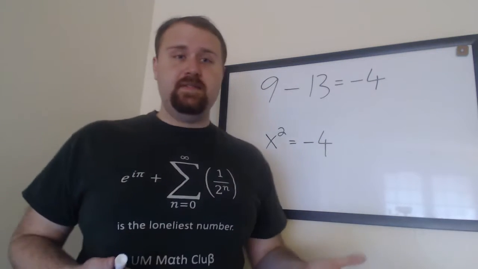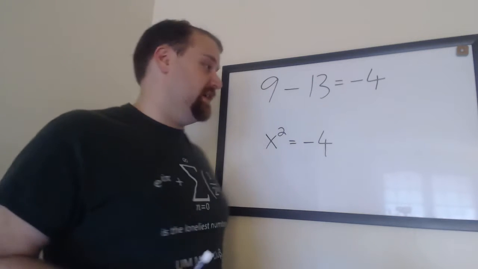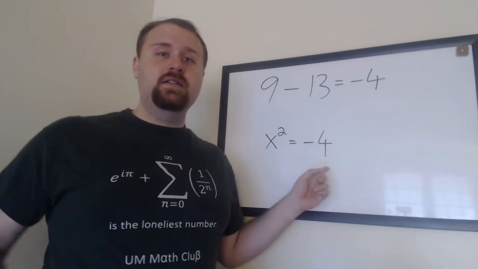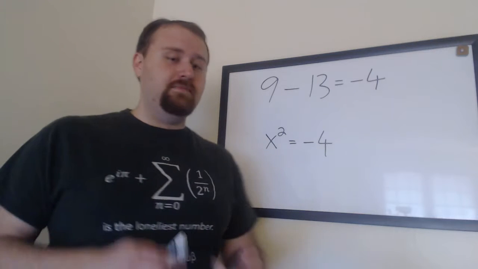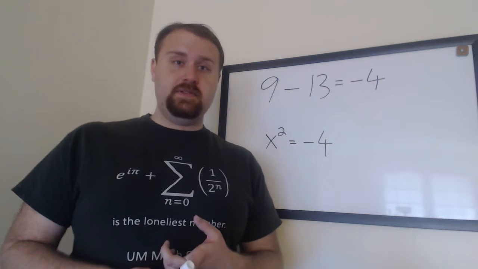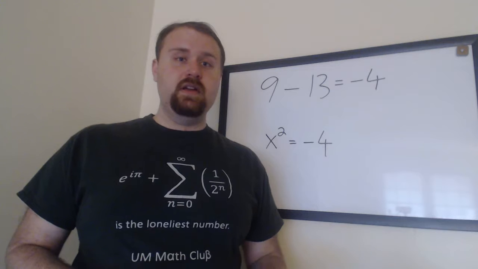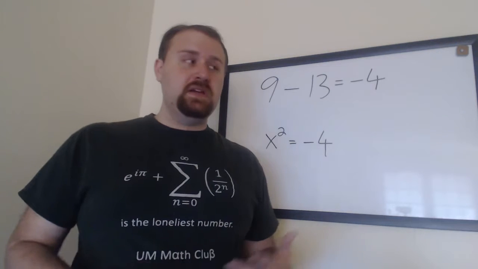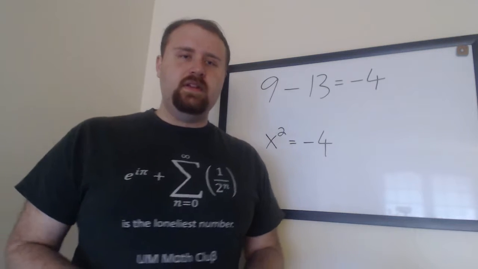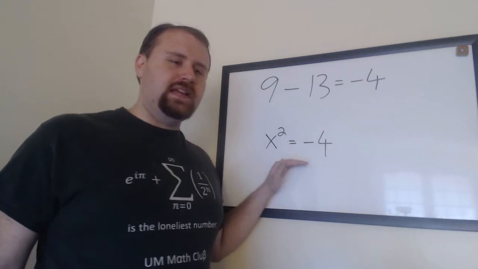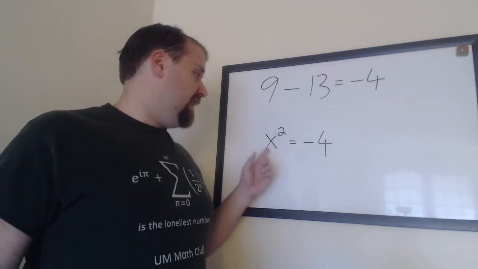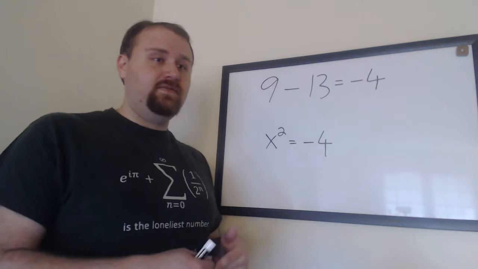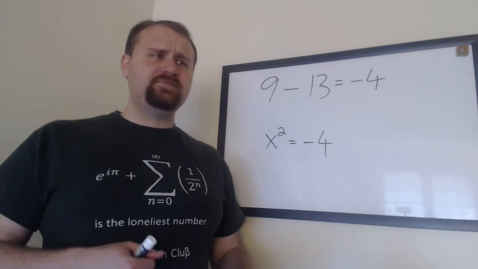So there's that. Another example is something like this problem here. We also know from algebra that if I multiply 2 positive numbers, I get a positive number. And if I multiply 2 negative numbers, I also get a positive number. And so something like this shouldn't make any sense, because if I have the same number multiplied with itself, I should always get a positive number.